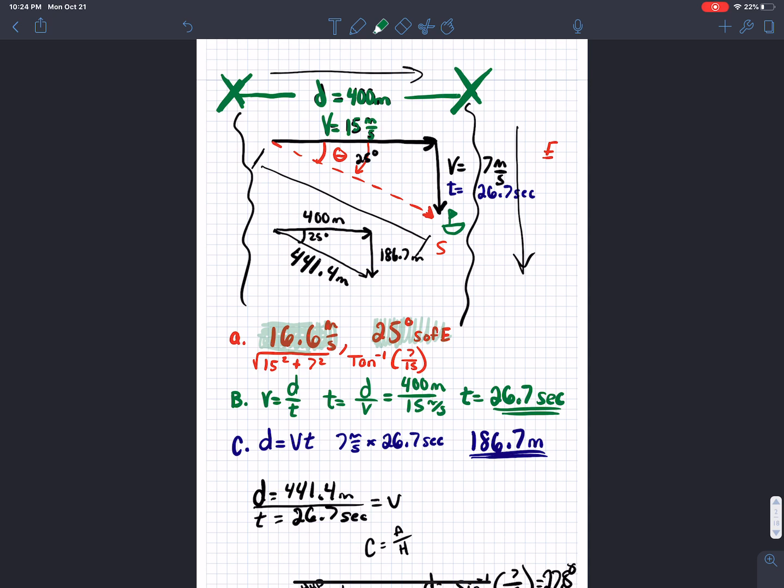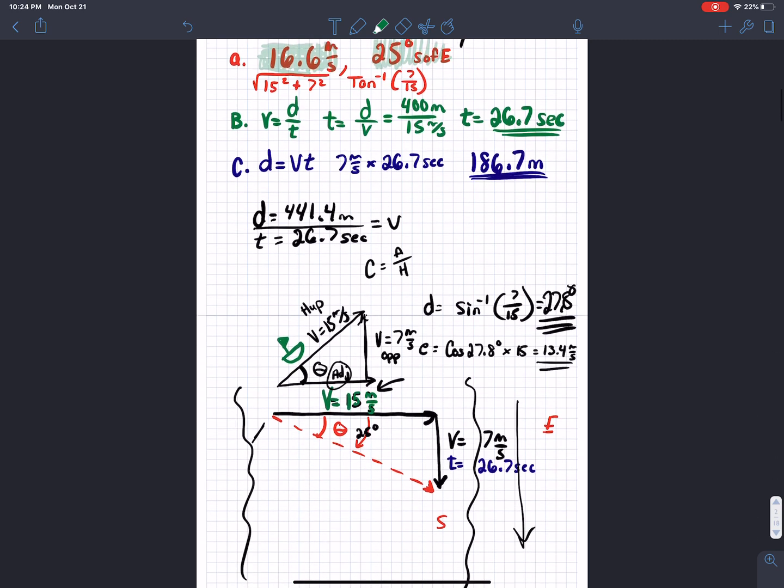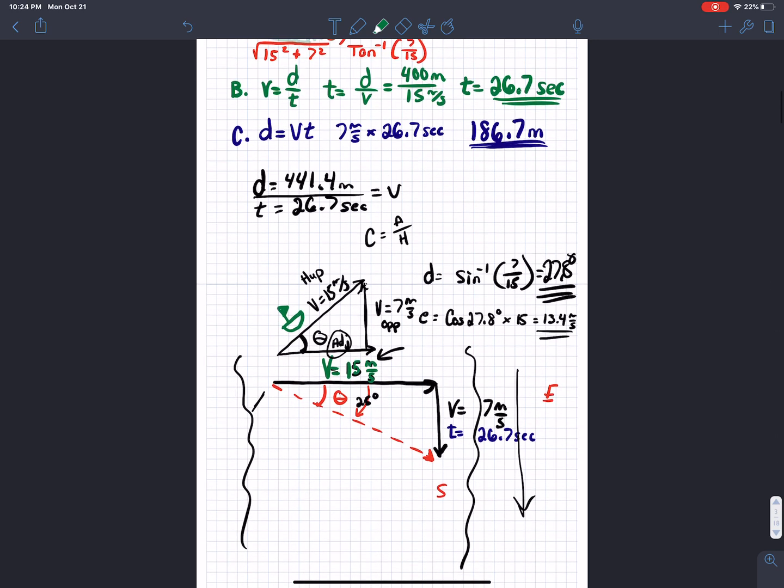The distance downstream that it's going to be pushed is 186.7 meters. The angle at which we have to point our boat upstream is 27.8 degrees, and that would make the boat move across the river in a straight path, not being pushed downstream at all, at a speed of 13.4 meters per second.